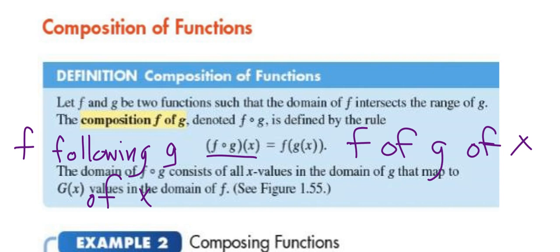And from a young age, whenever you were dealing with multiple sets of parentheses embedded in each other, where did you start? The innermost parentheses, and you worked your way out. That's the same logic that you're using here.